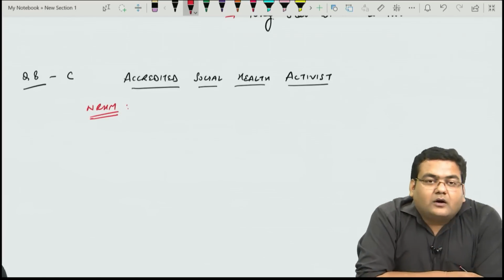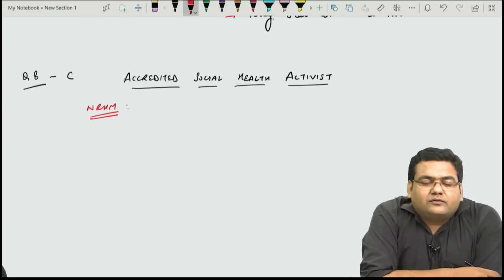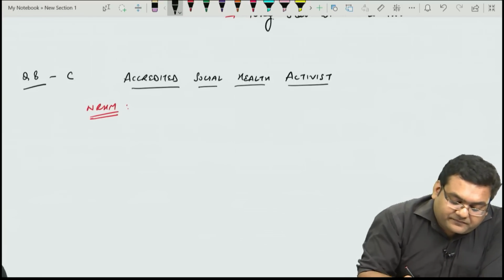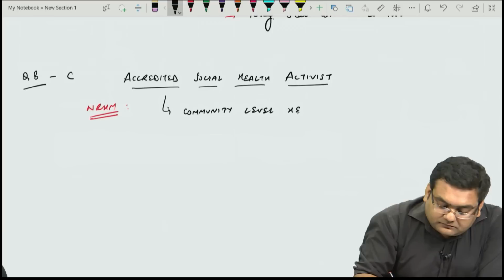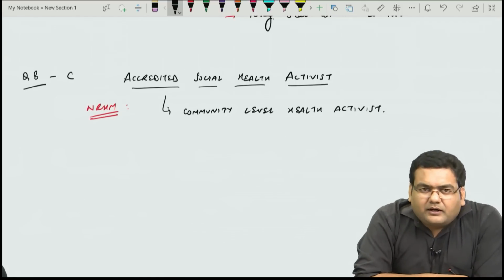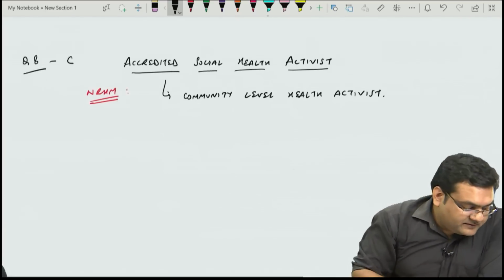Now under NRHM, that is National Rural Health Mission, one of the key components was to provide in each village or a community level female community level health activist called ASHA.